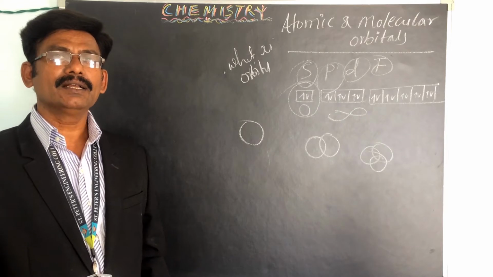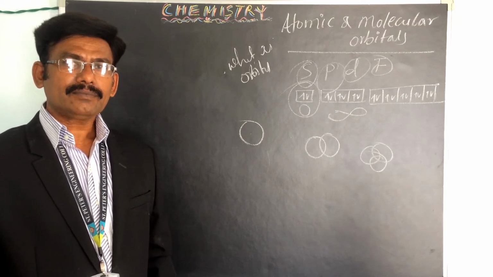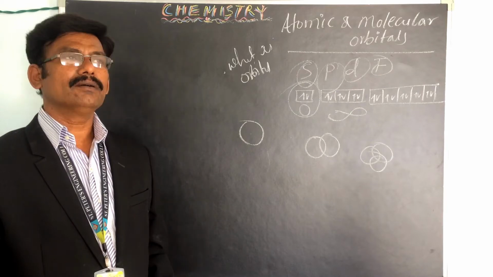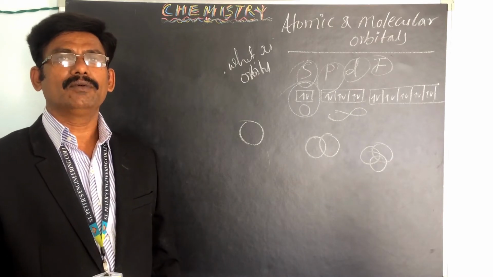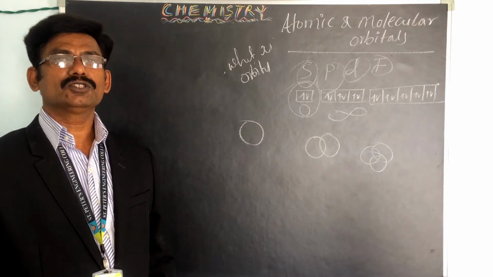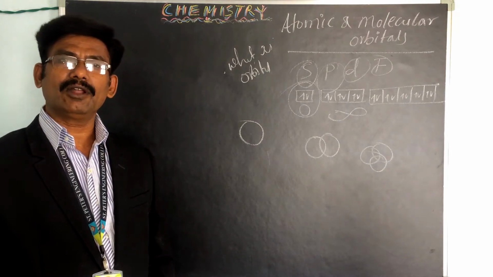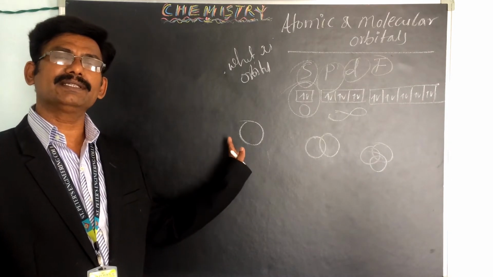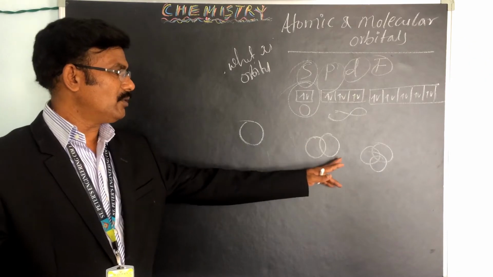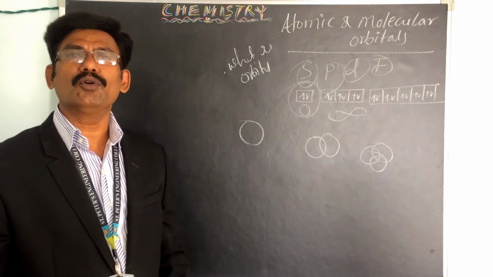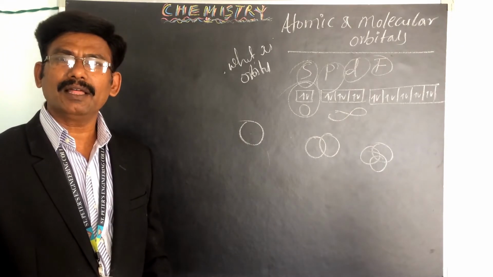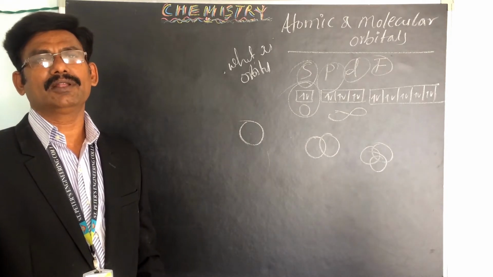You know the difference between atom and molecule. So the atomic orbital is influenced by just one positive nucleus, and molecular orbitals by two or more nuclei, depending upon the number of atoms in a molecule.